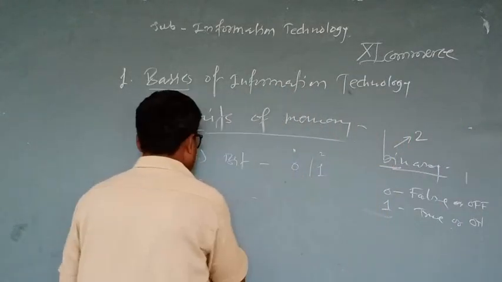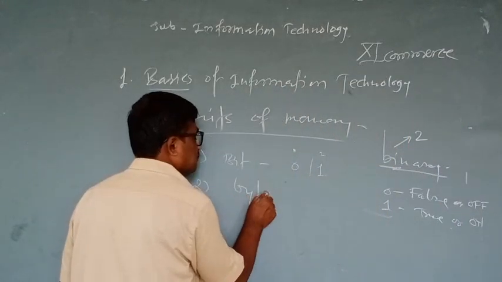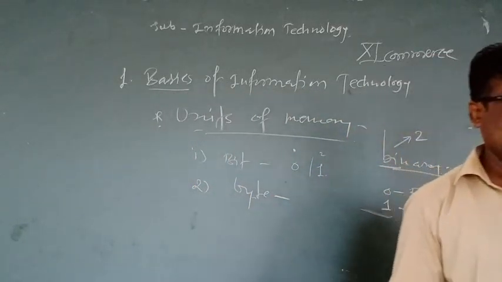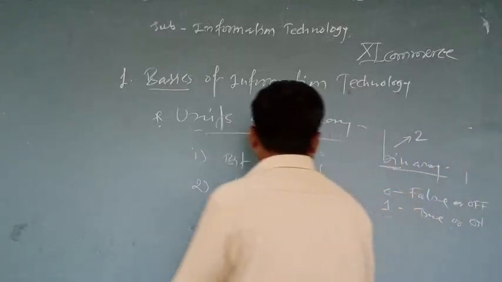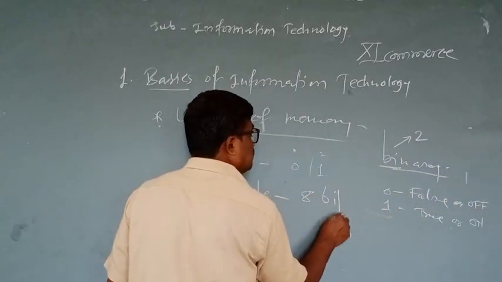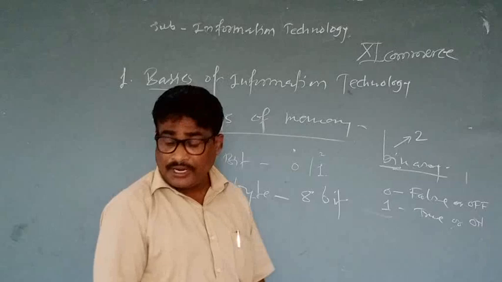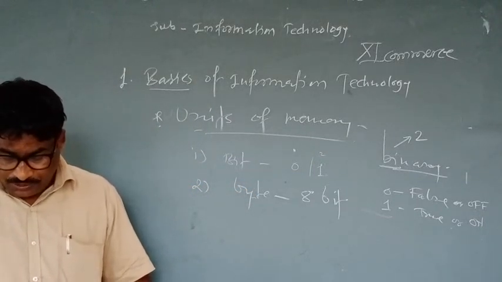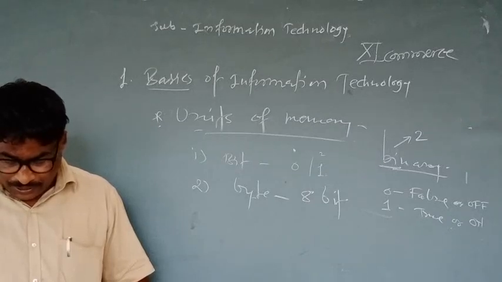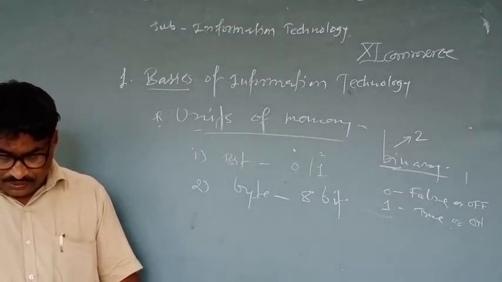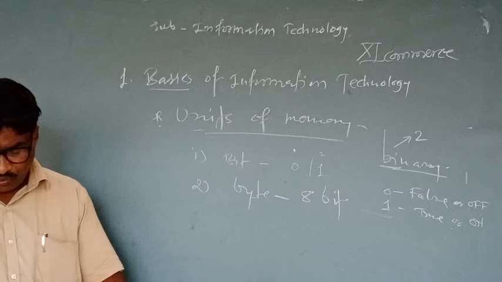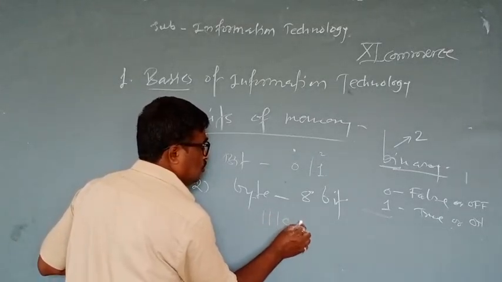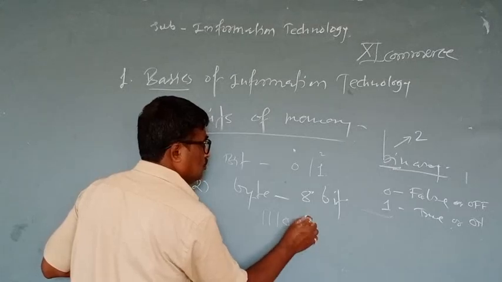Okay. Then second, byte. A byte is made up of 8 bits. A group of 8 bits is called a byte. It is the smallest unit. For example, here is 1 1 1 0, then 0, then 1 1.